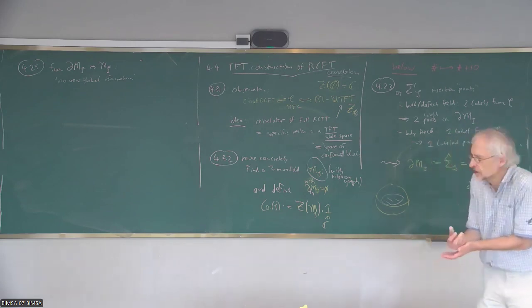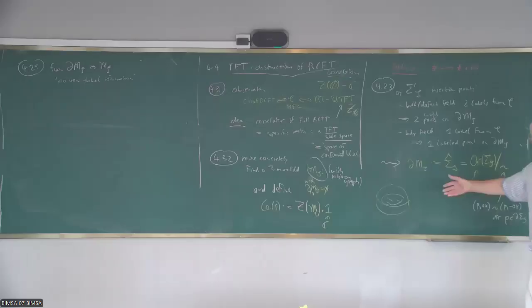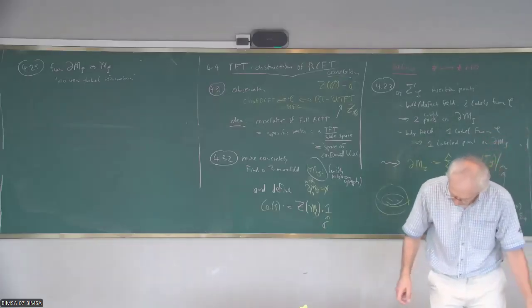But not just a thickening, this would be 2-manifold times an interval, but you have to account for this identification on boundary points.